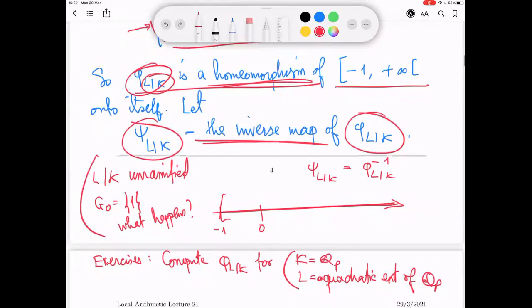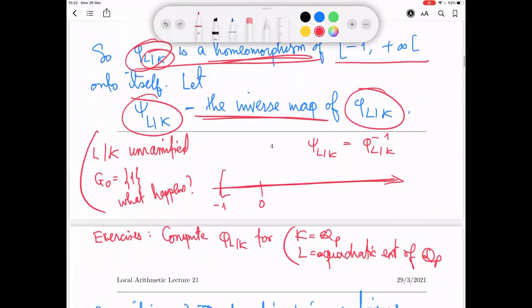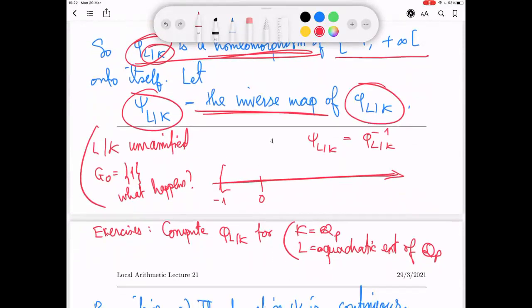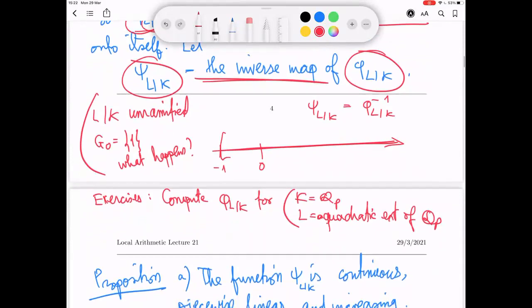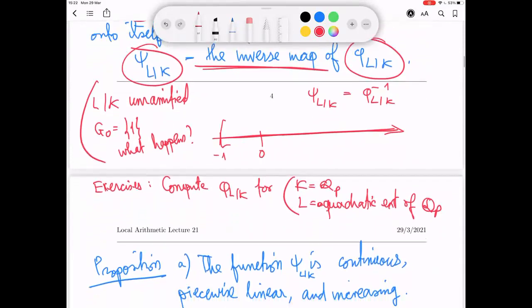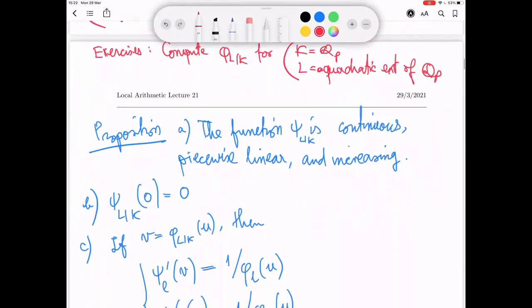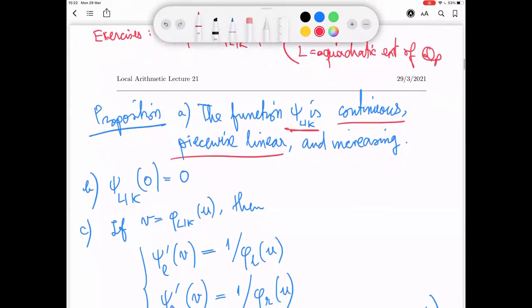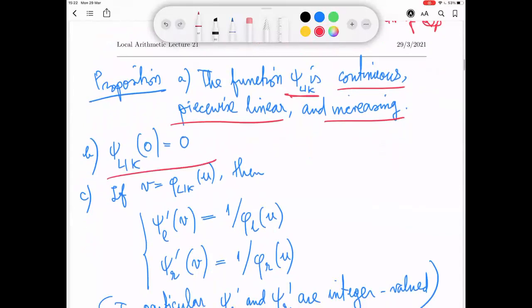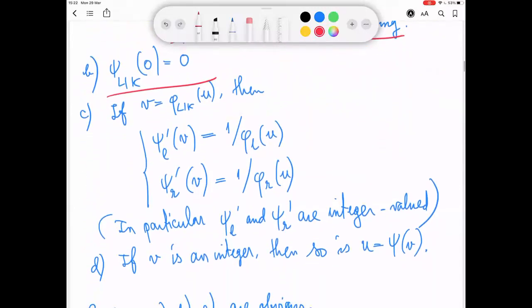I mean, sine inverse is not 1 over sine. So it's not the reciprocal. Okay, what about the function psi that we have just defined? It's also continuous. It's piecewise linear and increasing. Its value at 0 is 0.